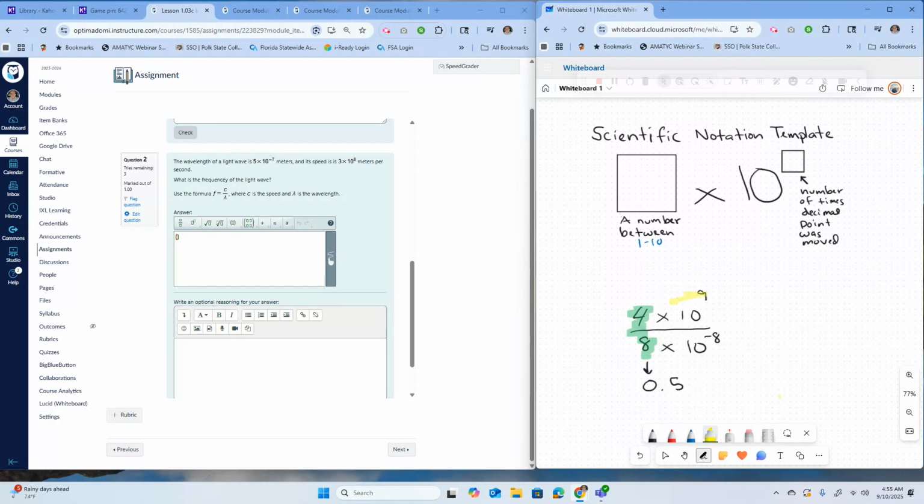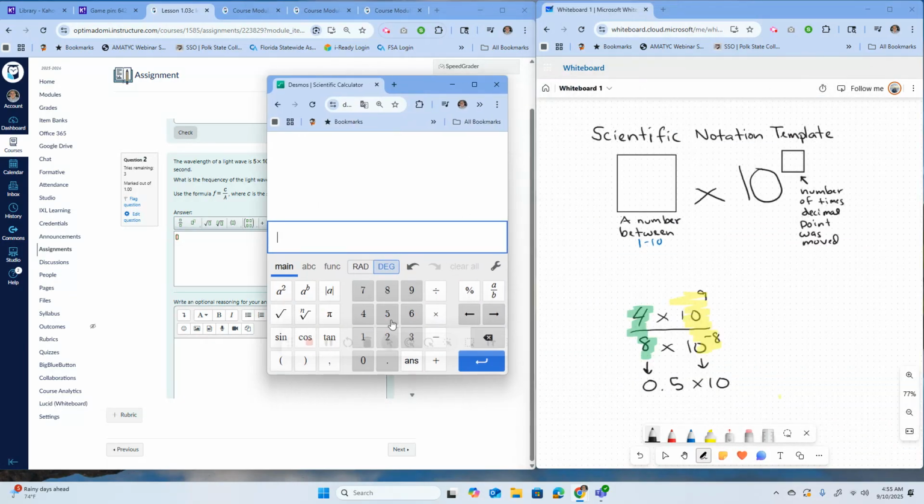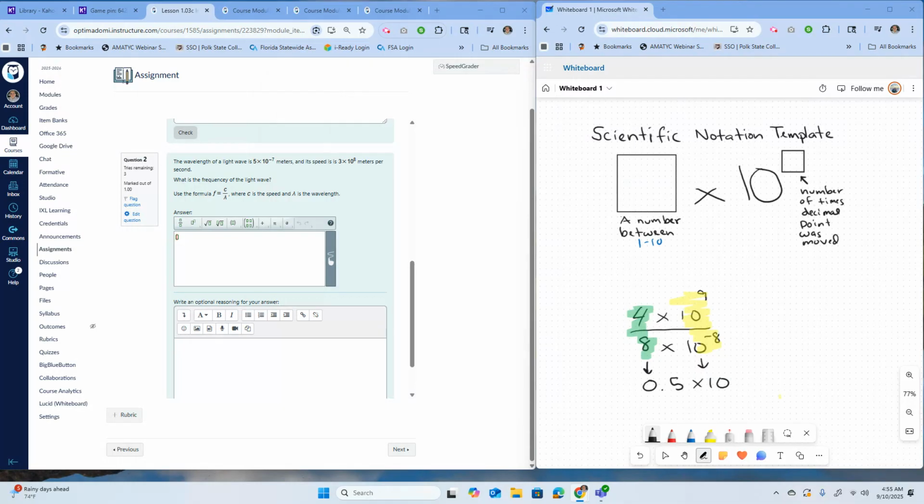So you're going to divide 10 to the 9th power by 10 to the negative 8 power. What you're going to do is keep the 10. And using the calculator, again, be careful when you're doing this. You're going to subtract 9, take away negative 8. And you can see it's 17.